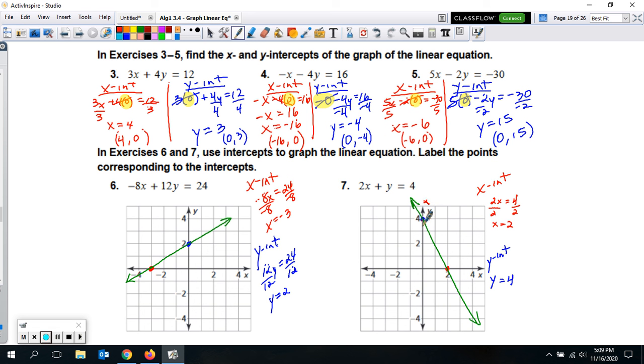So this actual y-axis is the equation x is equal to 0. Because everywhere on this axis right here, x is 0. Right now on this y-intercept right here, it's 0, 4, but it's 0, 3 here, it's 0, 2, 0, 1, and so on. So that's the equation x equals 0.